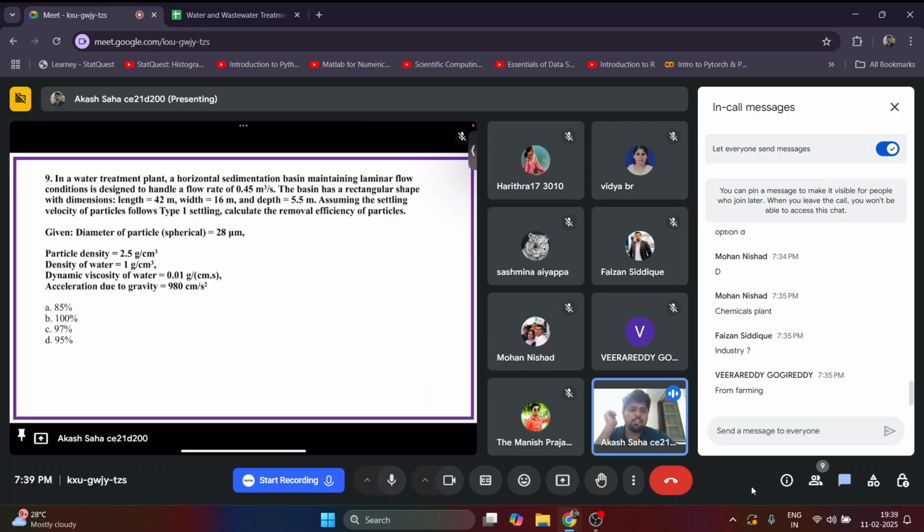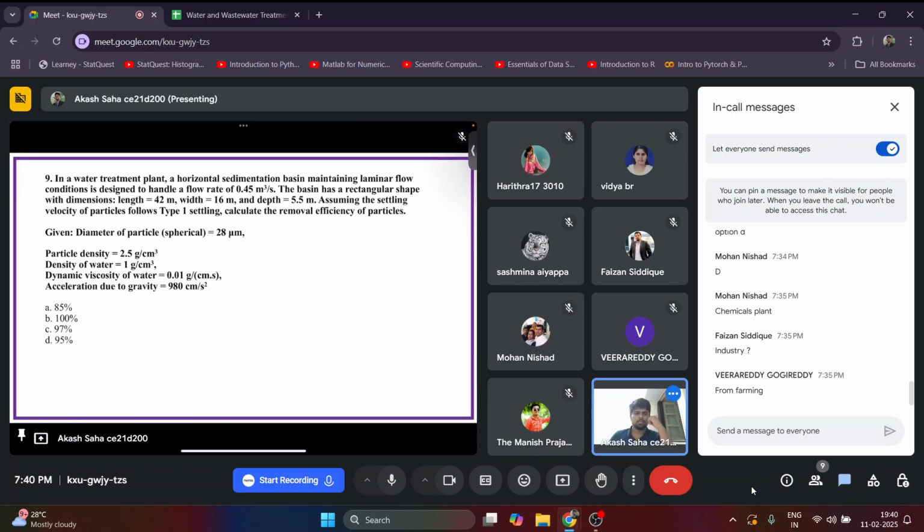So first find out the overflow rate. All the information is given, and then find out the settling velocity. To find out the settling velocity, as you know, type 1 settling is given, so we can apply the Stokes law. With the help of that, we can find out the settling velocity. If you have found the overflow rate, you can write it in the chat box.